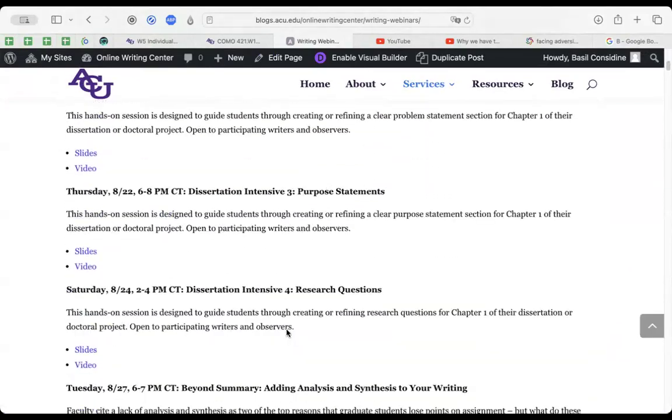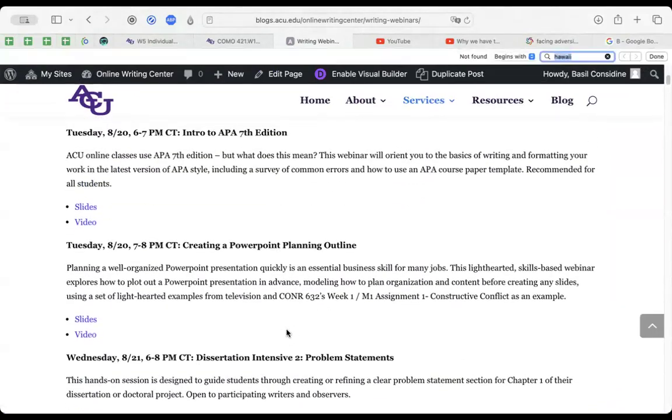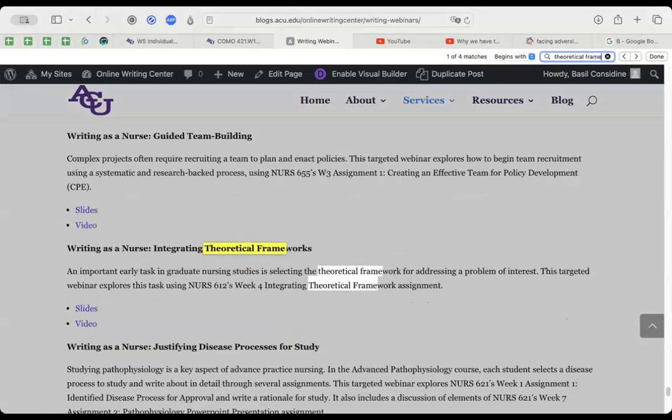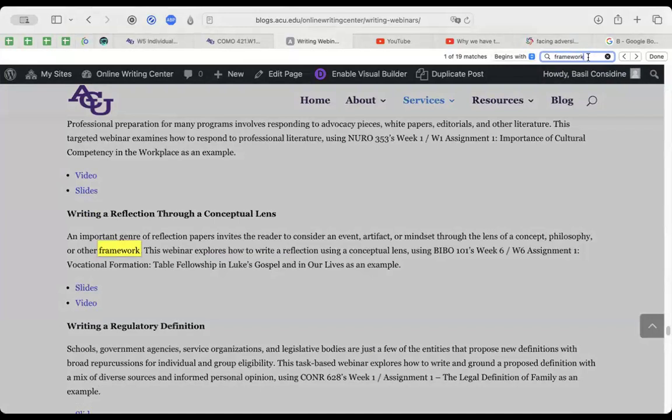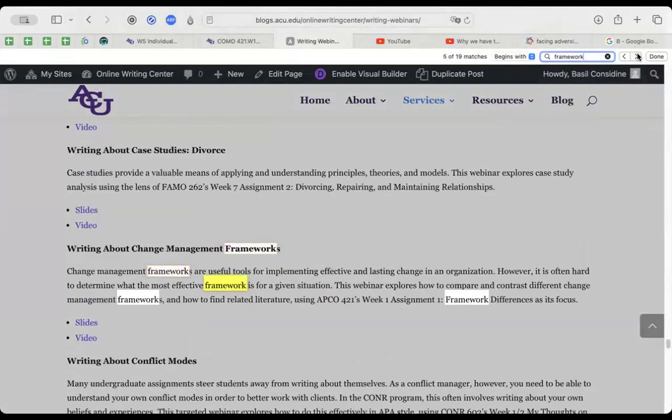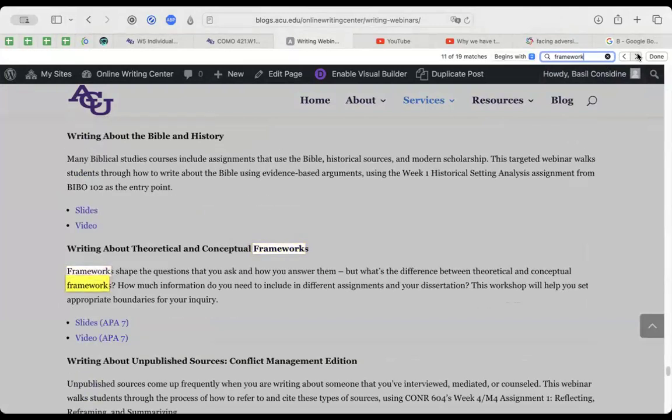But if you're just looking for something on a different topic, like theoretical frameworks, you can do a word search. And then you can see, okay, that's one webinar here. Here's another. And say, okay, well, maybe I'm just searching for a framework and see, all right, we've got a lot more things. And so I can just look through, because this page also has every single webinar listed here. So you can do a word search.